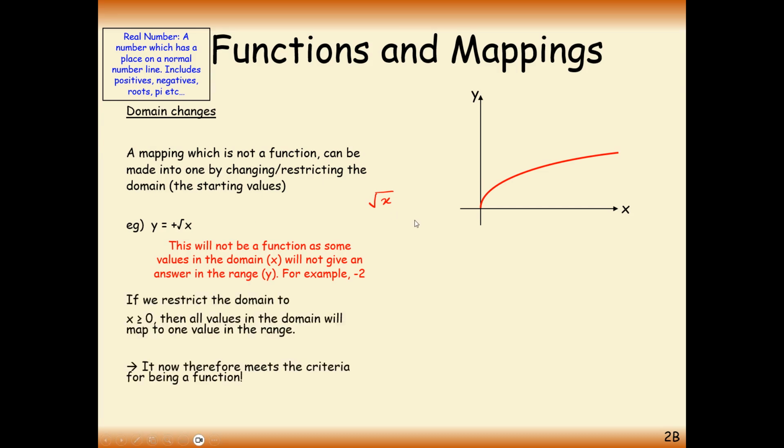We restrict the domain so that the x values are positive as well, because we cannot take the square root of a negative number. So not only the output, but the input also needs to be restricted. Okay, so the notation here means that x is any real number as long as it's positive or equal to 0.